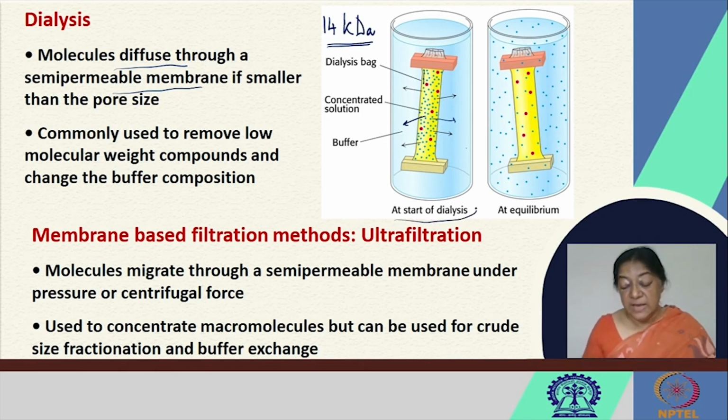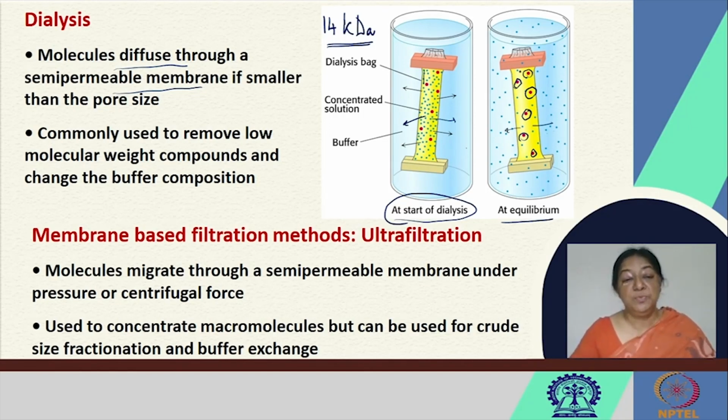At the start of dialysis, this is what we observe, where we have a concentrated solution with several ions present. As the dialysis continues, at equilibrium we see that the larger protein molecules inside did not pass through the semi-permeable membrane, the dialysis membrane with the specific molecular weight cutoff. It was the smaller molecules that were lost, and we get a dilute solution of protein.